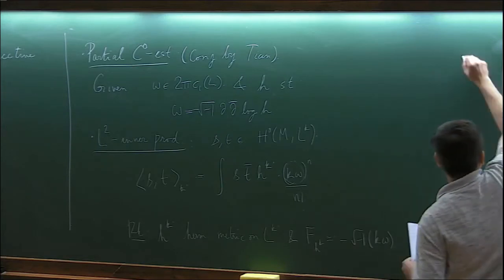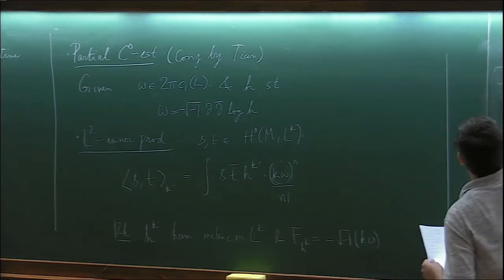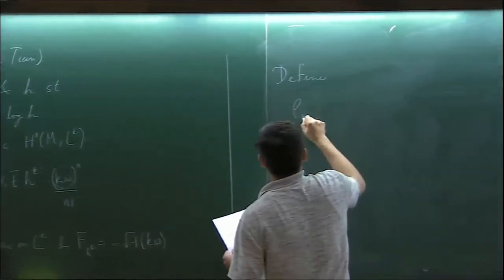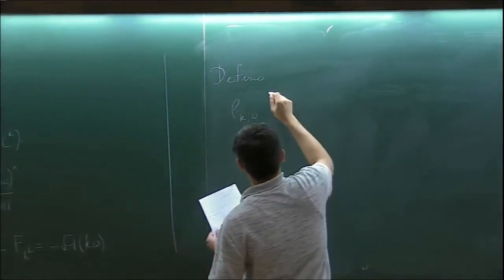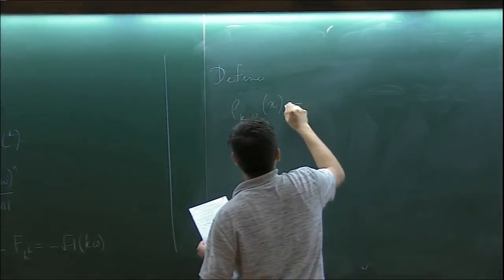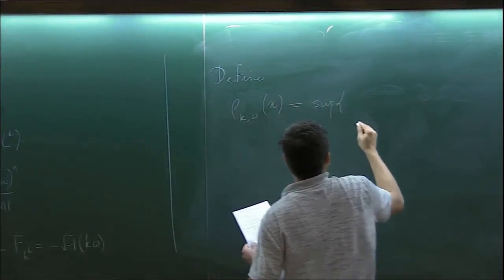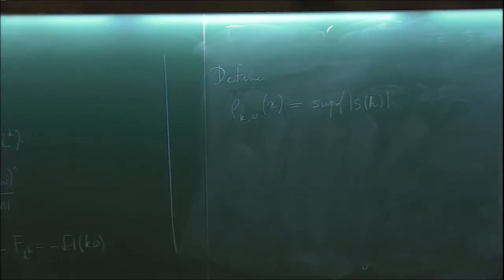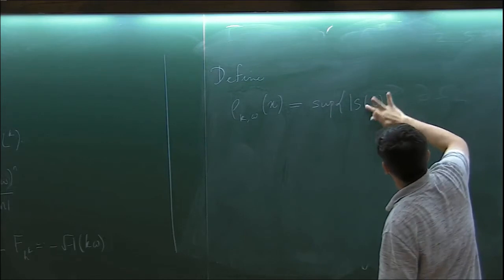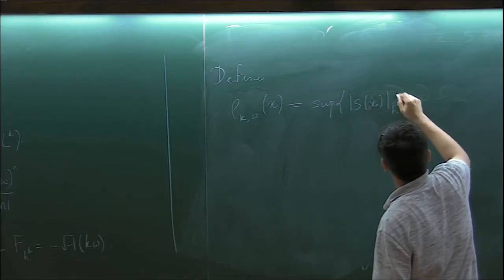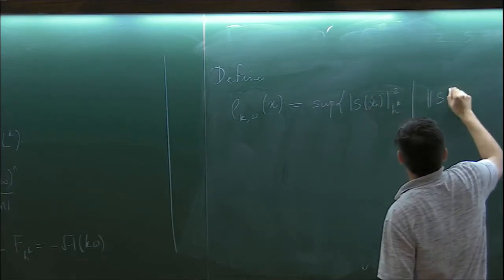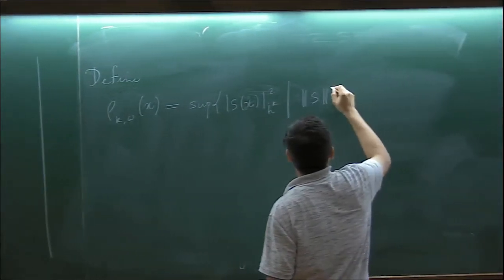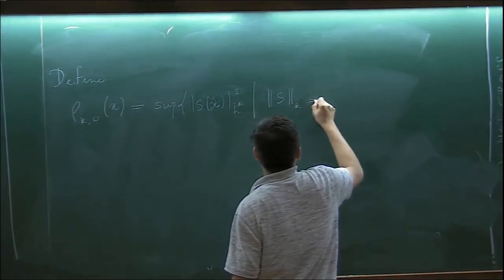Right. So then we define the following function, ρ_{k,ω}(x). This is simply the sup of the pointwise norm of sections such that the L2 norm is 1.